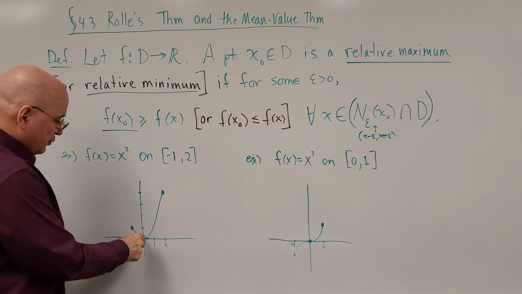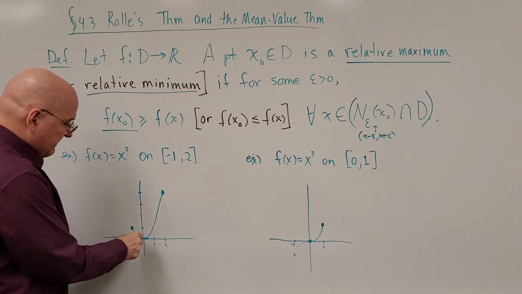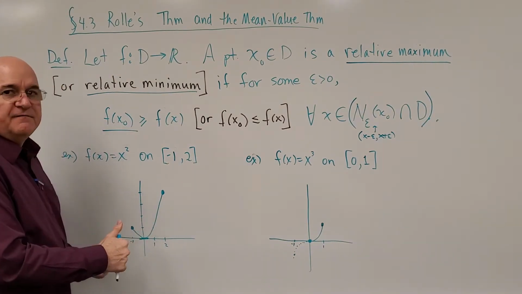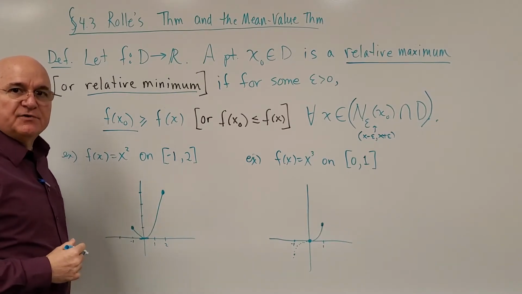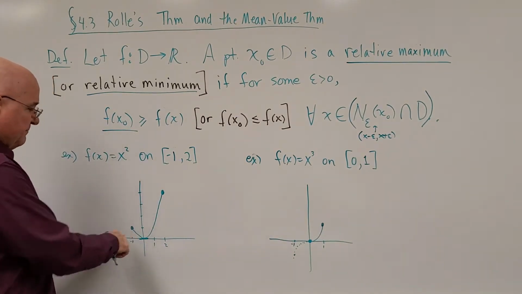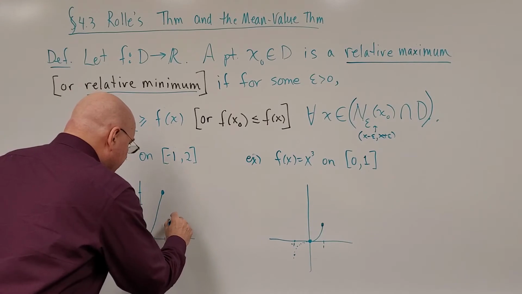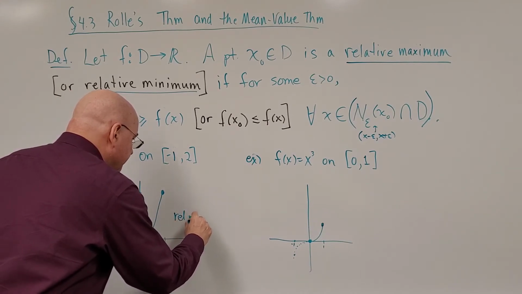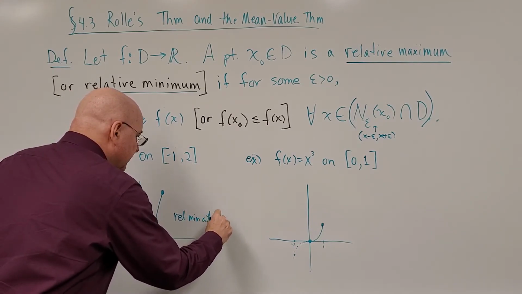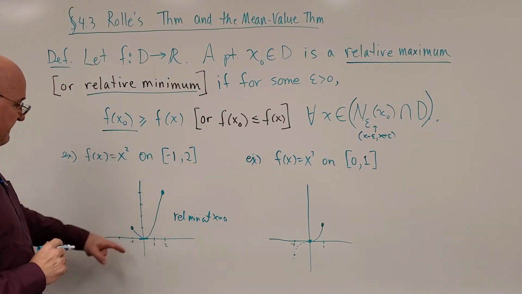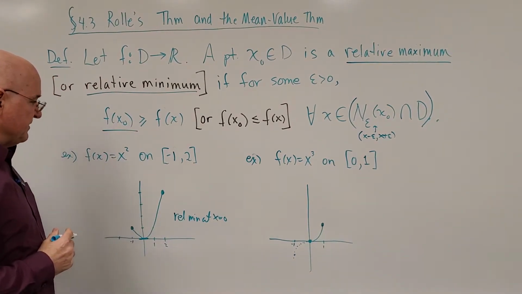If you move to the right of 0 or to the left of 0, the value of the function is increasing in both directions. So that would be a relative minimum. Maybe I'll write relative minimum at x equals 0. And the value of the function at that height happens to be 0 as well.